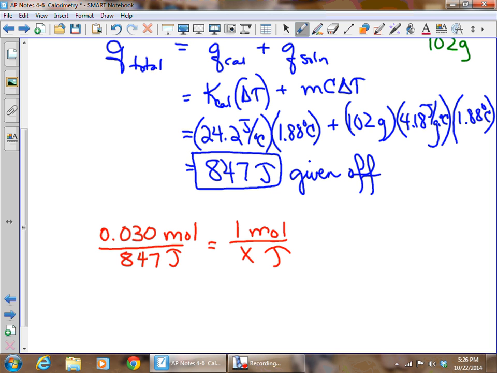So if we cross multiply, we end up with 0.030x is equal to 847 joules.